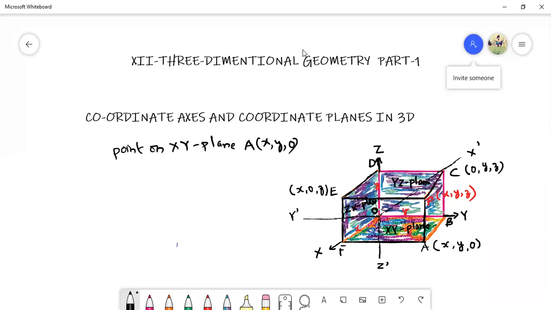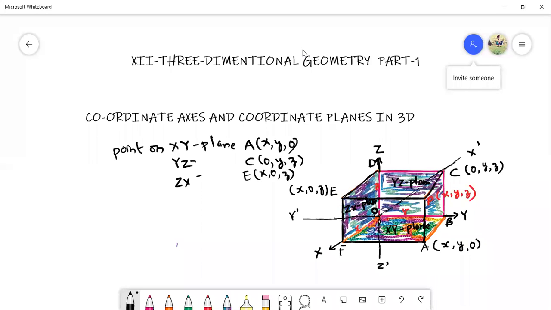Similarly, the point on the YZ plane is C, with coordinates 0, y and z, and the point on the ZX plane is E. So its coordinates are x, 0 and z.